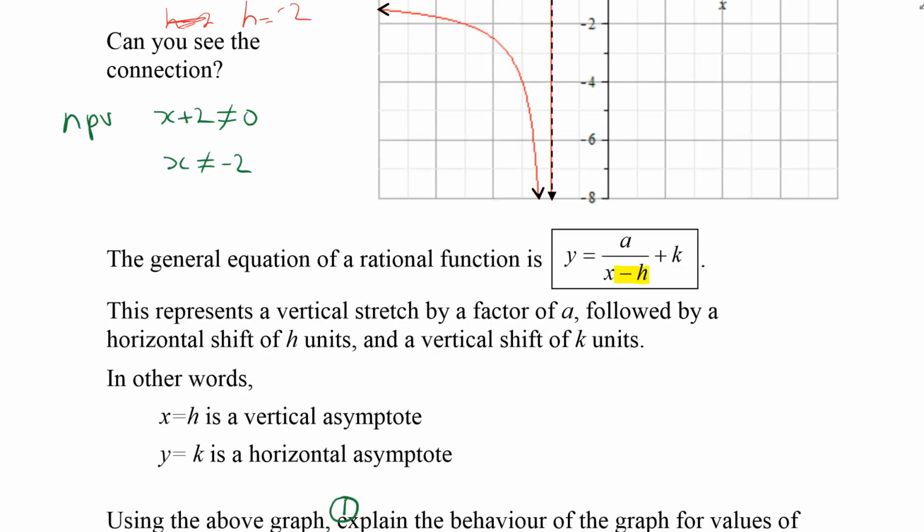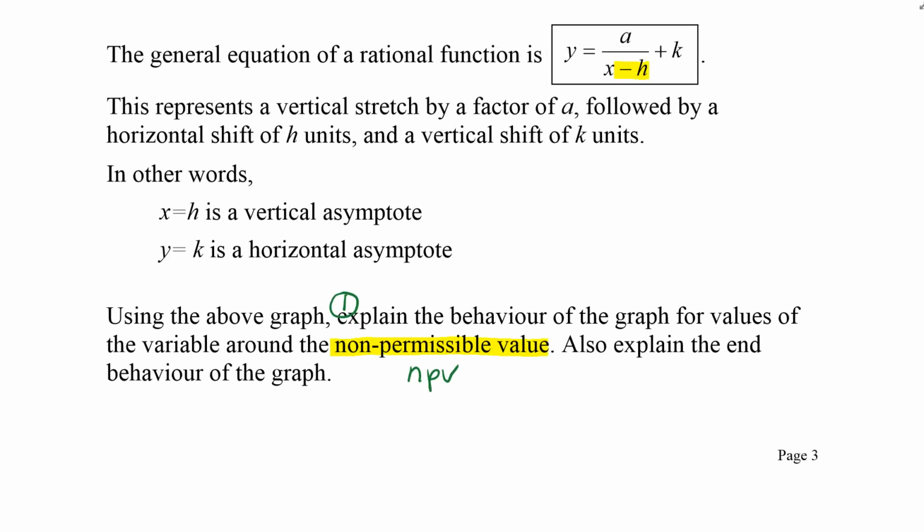So the way I'm going to explain that, this is my explanation number 1: as x, and now my arrow means approaches, gets closer and closer to negative 2, what happens is that y gets closer and closer, approaches.